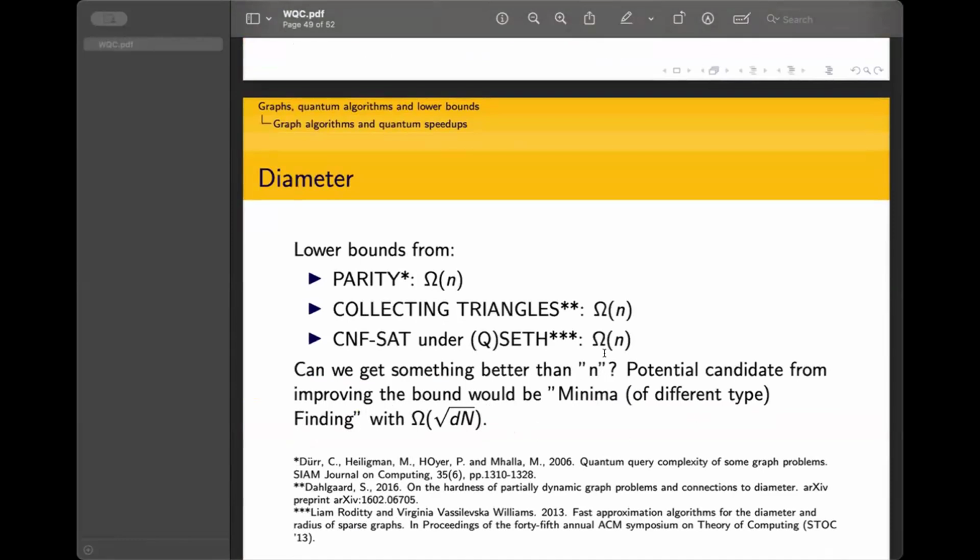The potential candidate would be the complexity of minima finding, which I mentioned at the very beginning.